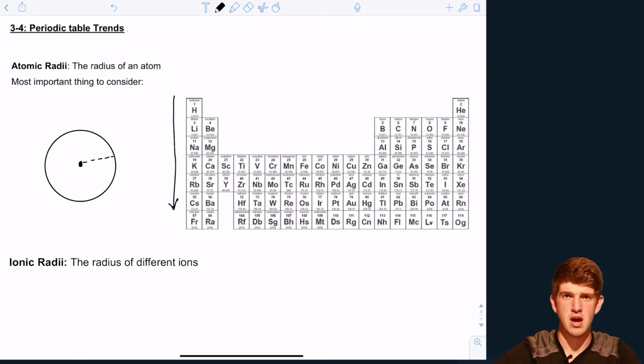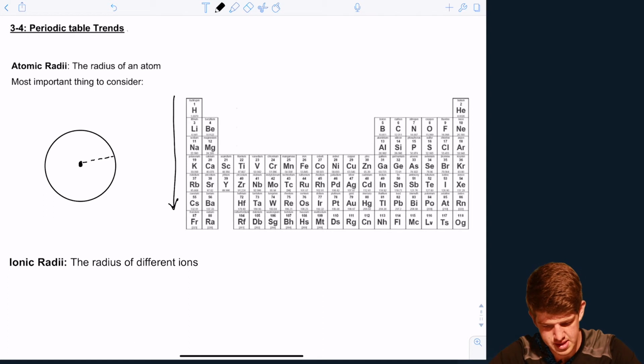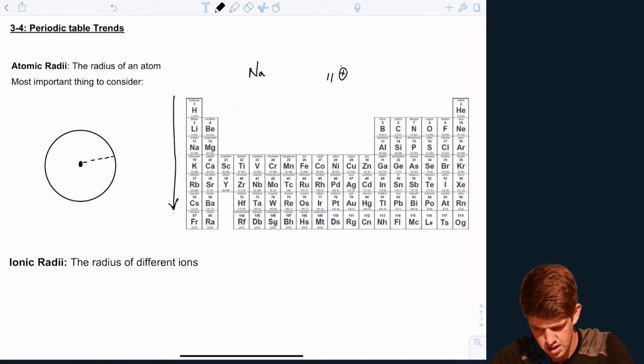Most people would probably say, oh, when I get more electrons as I move this way, I would increase the atomic radius. But no. Let's say I'm talking about sodium here, and sodium has 11 protons, 11 positively charged particles in the center, and let's say this is all the nucleus, that terrible boulder-shaped ball that I just made.